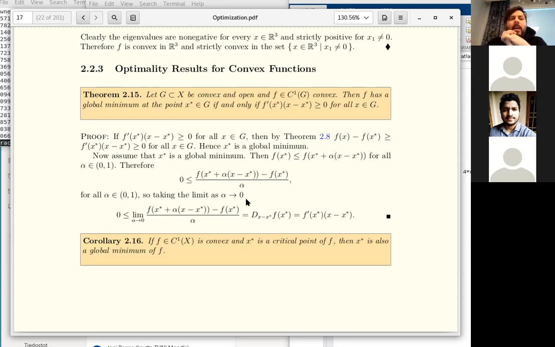If that is true, then f has a global minimum at point x star if and only if, whenever you approximate it with the derivative and you move from that point to any other place, that change is greater than or equal to 0.